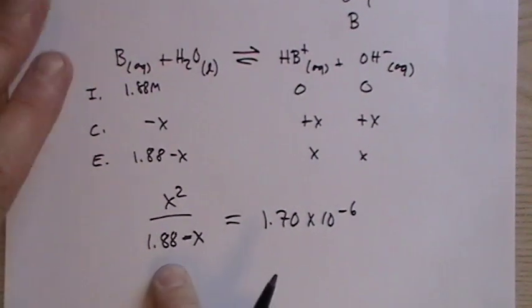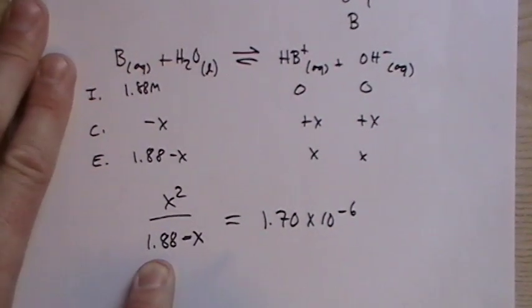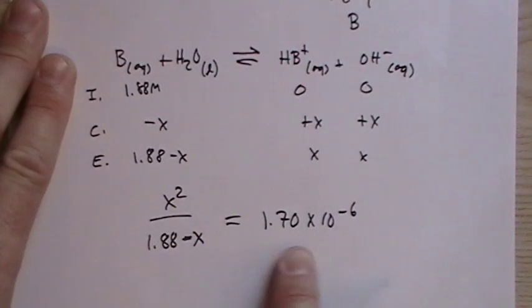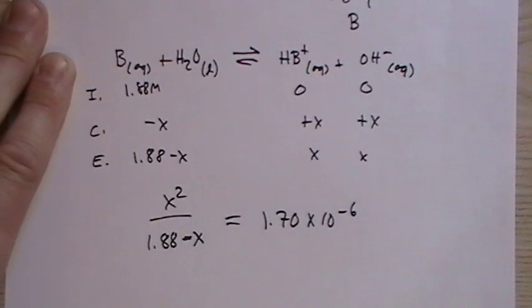And you should be able to see that this is about 1, a little bit more, divided by 10 to the minus 6. So that ratio should be around 1,000,000. So the approximation does hold.